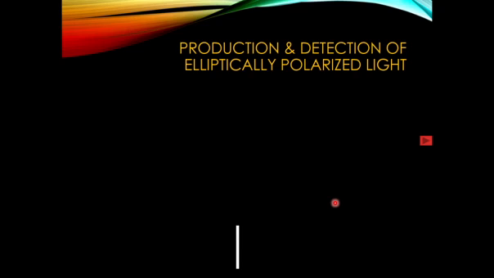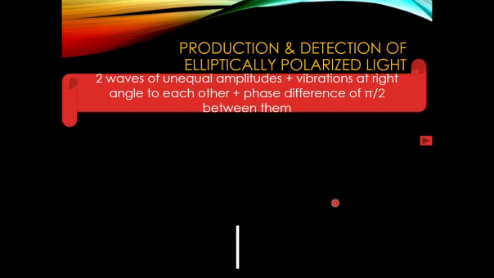Now let us see what happens with elliptically polarized light. We have seen that elliptically polarized light is formed due to the superposition of two waves of unequal amplitude, whose vibrations must be at right angles to each other.